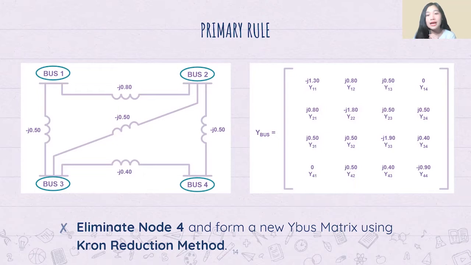So it is easier for us to construct once we have solved Y11, Y22, Y33, and Y44, our diagonal coefficients. The off-diagonal is always equivalent: Y12, Y21, Y13, Y31, Y14, and Y41. That's how our Y-bus admittance matrix is created from our circuit.